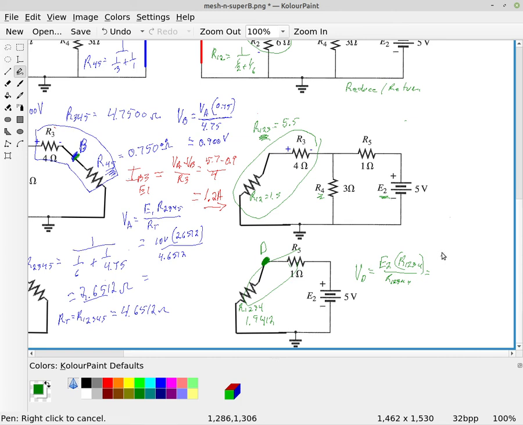So that's going to be 5 volts times 1.9412 divided by 2.9412, and that'll give me this voltage.